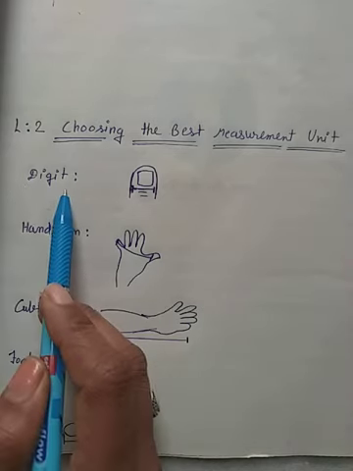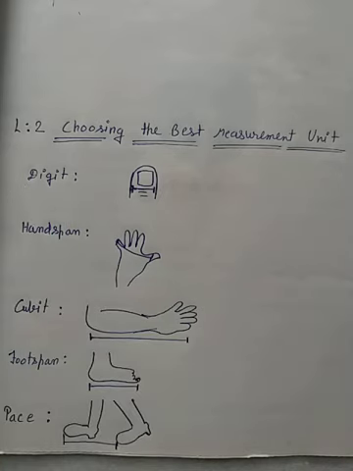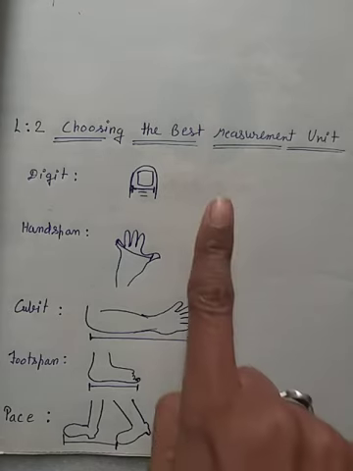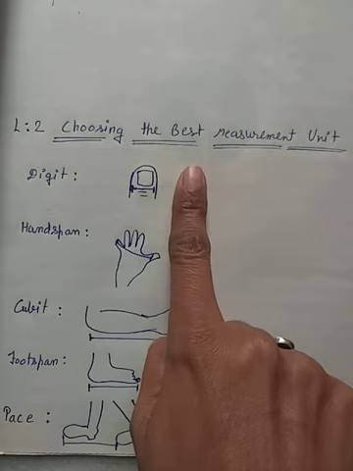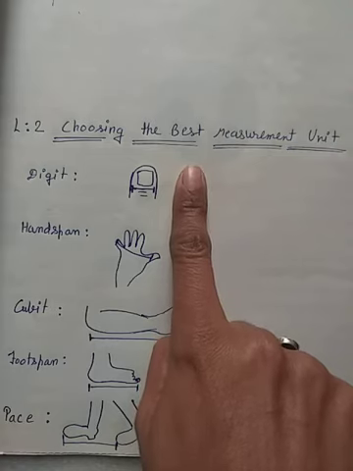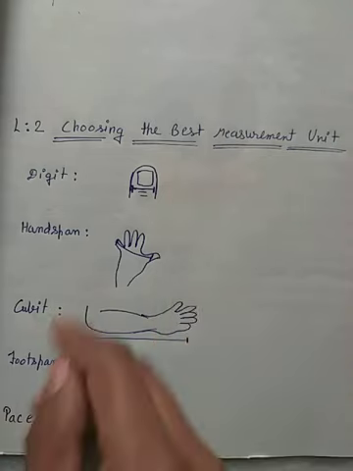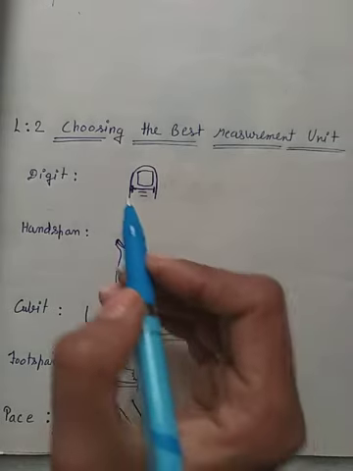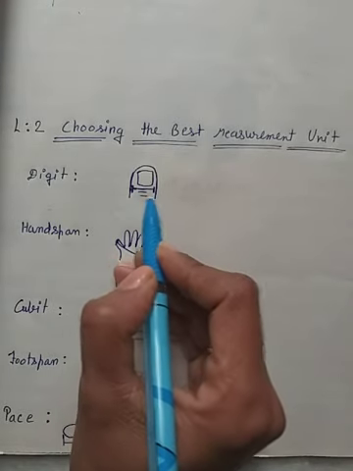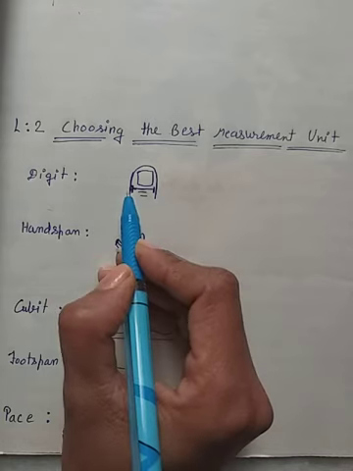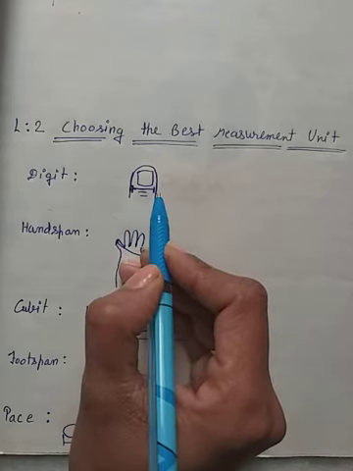What is the digit? If we measure any length of an object with our finger, that's called digit. This point is called digit.